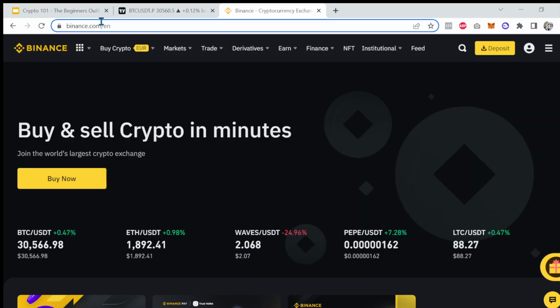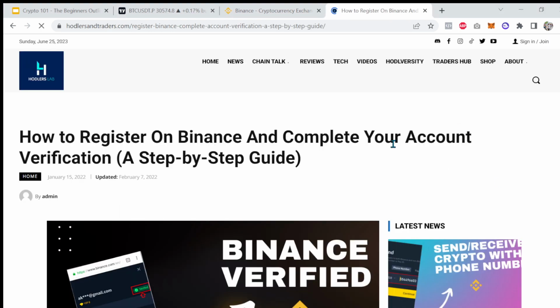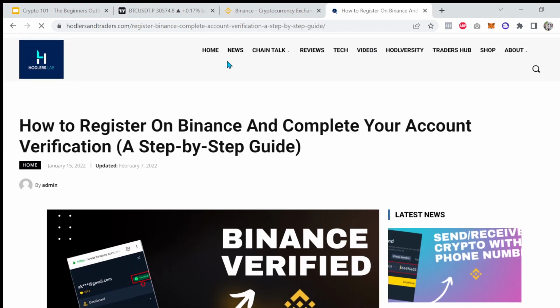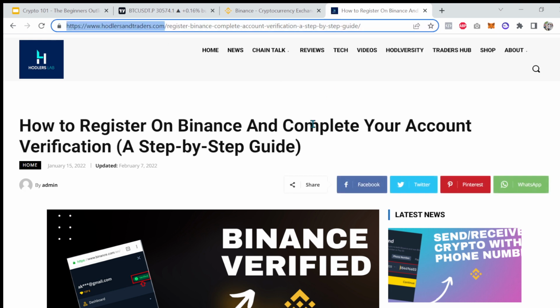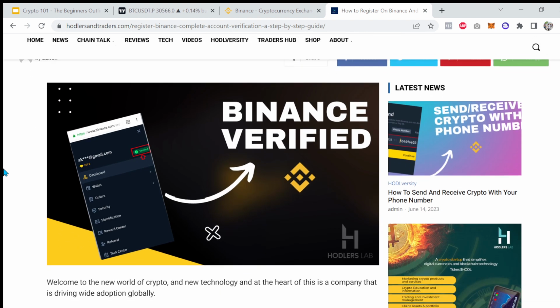All you have to do is go on binance.com, and then you should be able to sign up. If you're finding it difficult to sign up, we have an article on our website, hodlerstraders.com, where we talked about how to register on Binance and complete your account verification, a step-by-step process.